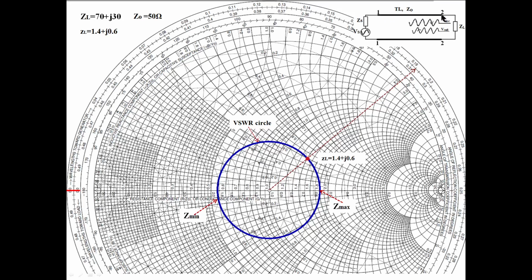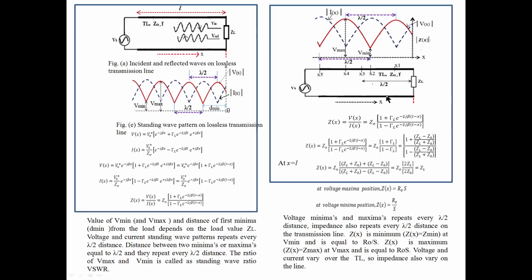As you start moving from here, the impedance changes, and after a distance of lambda by 2, the same pattern will repeat. Starting from here, if you move, the impedance changes, and as you travel a distance of lambda by 2, the impedance pattern from here to here repeats again. So we should see, from the load point, as you move up to lambda by 2, what the variation in impedance is.